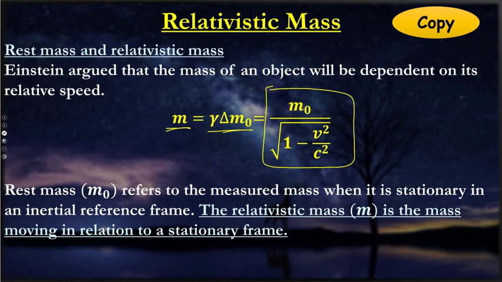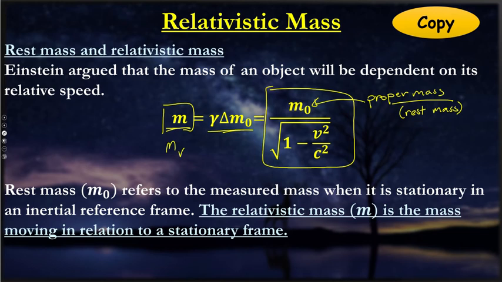Okay, so m0 is the proper mass, or you can call it the rest mass. So how many kgs does this object have if it was stationary? That's what m0 stands for. If the object is moving at really high speed, there will be some kind of mass increase, m.